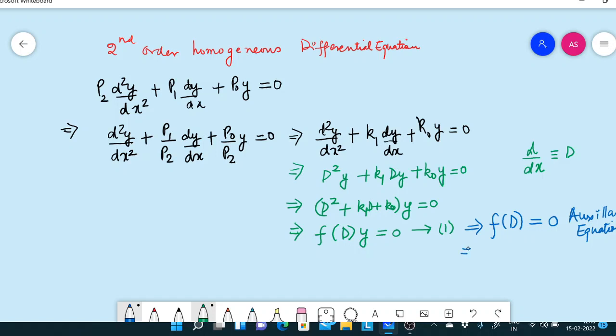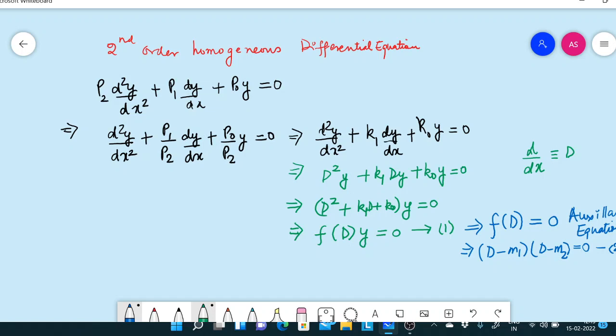So we can rewrite this as (D minus m1)(D minus m2) equal to 0, where m1 and m2 are the two roots. Let us denote this equation by equation number 2.